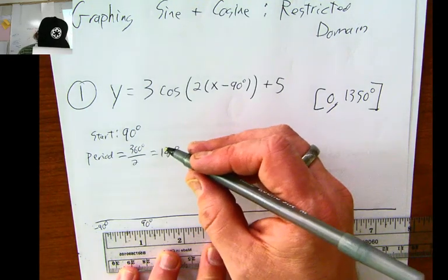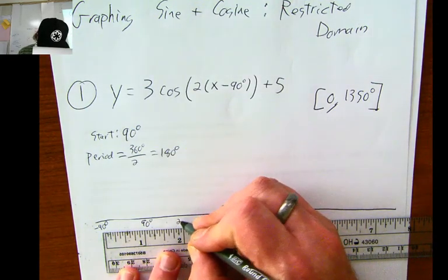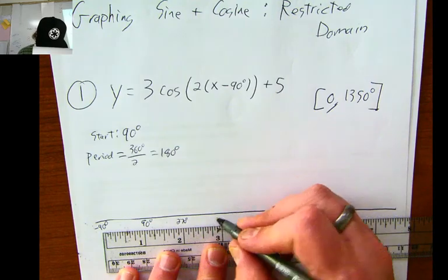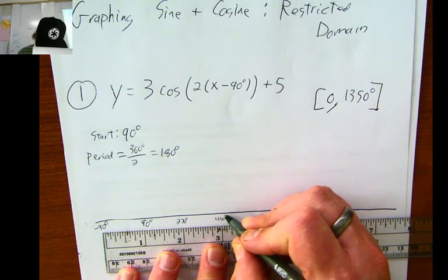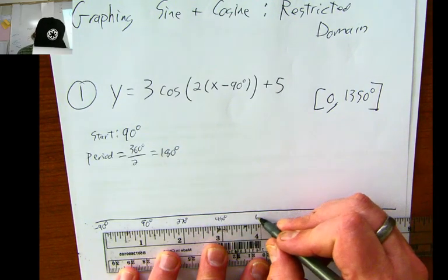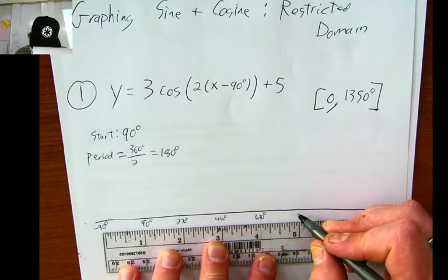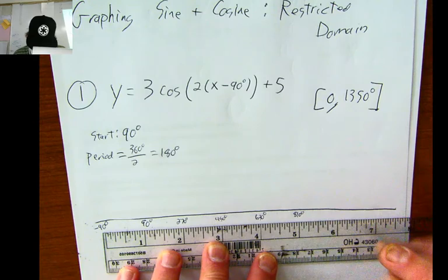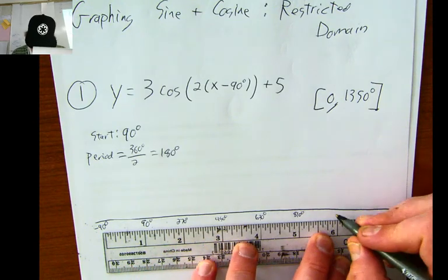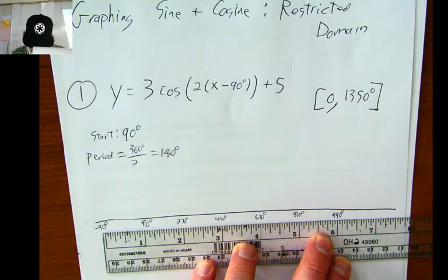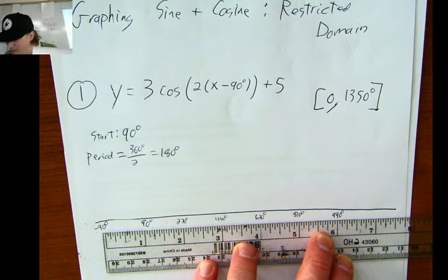And if I kept going 180 degrees, this would be 270 degrees, 450 degrees, 630 degrees, 810 degrees, 990 degrees. Oh no, I'm going to run out of space. 990 plus, Elliot's going to cheat.